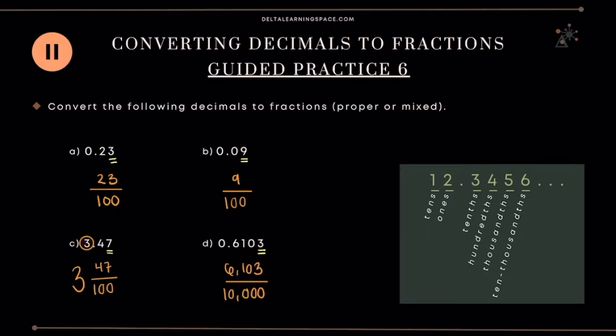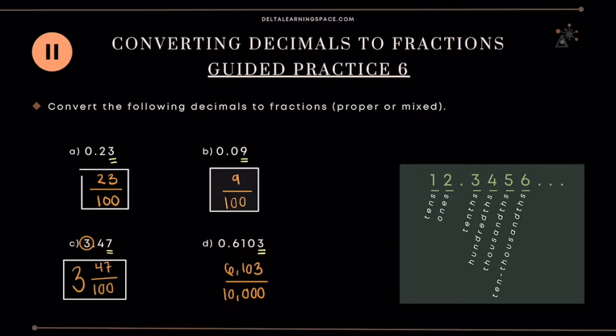A, 0.23 as a fraction will be 23 over 100 or 23 hundredths. B, 0.09 will be 9 hundredths. C, 3.47 will be 3 and 47 hundredths. And lastly, D will be 6,103 10,000ths.